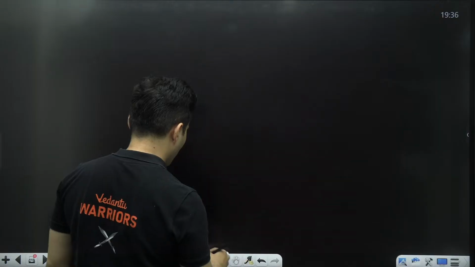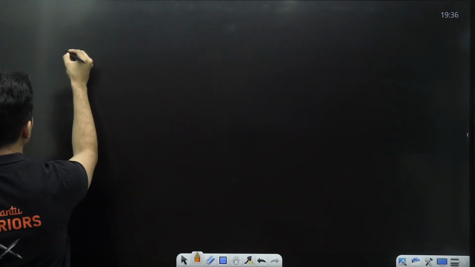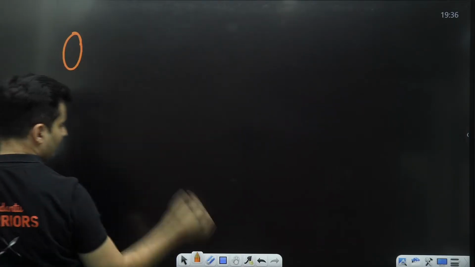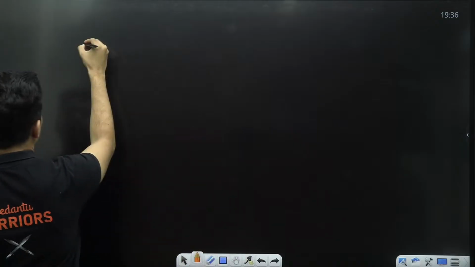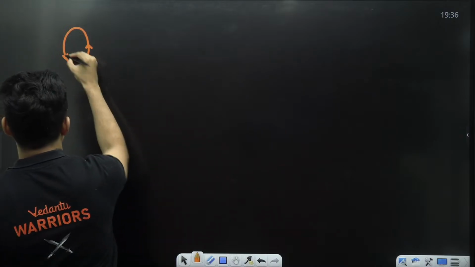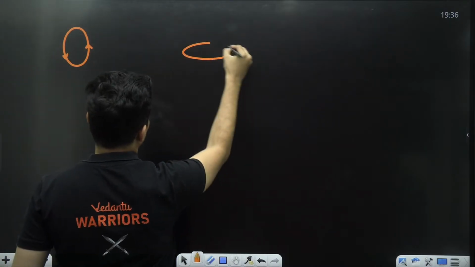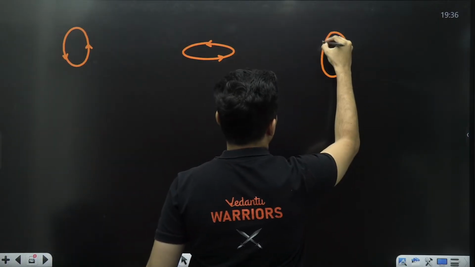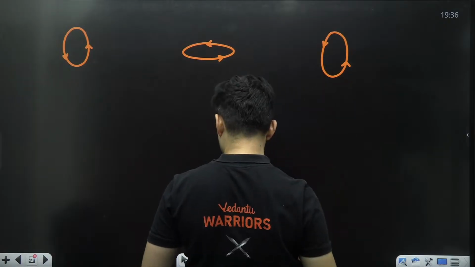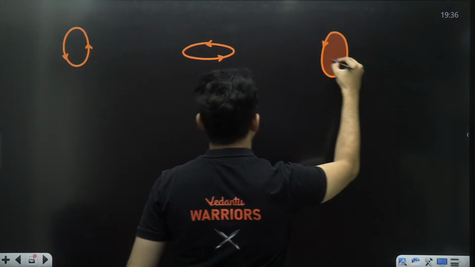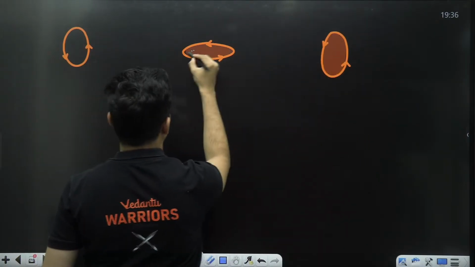Now, just like in electrostatics, here also, say for example, first our loop is, let's say, like this. Then let's say our loop is like this. Then let's say our loop is like this. I'm shading the area so that you can visualize it even better.